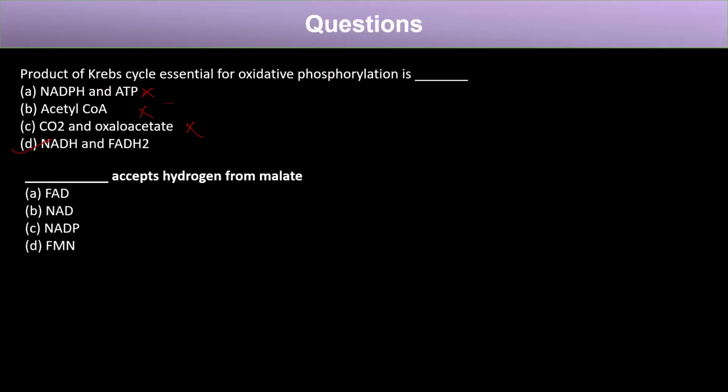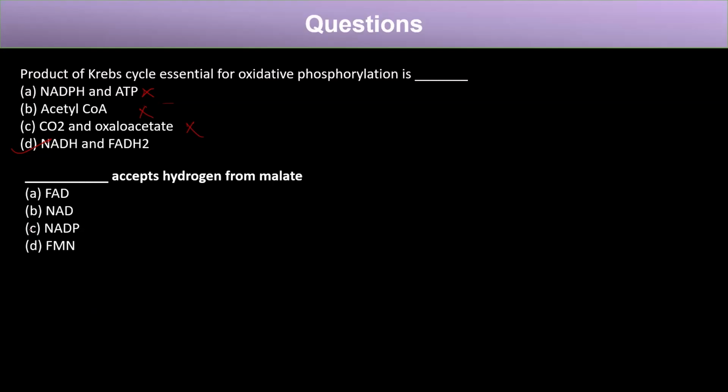Okay. The next question: the compound that accepts hydrogen from malate. We have studied malate in the Krebs cycle, right? But from malate, what was the compound that accepted the electron? Is it FAD or NAD?